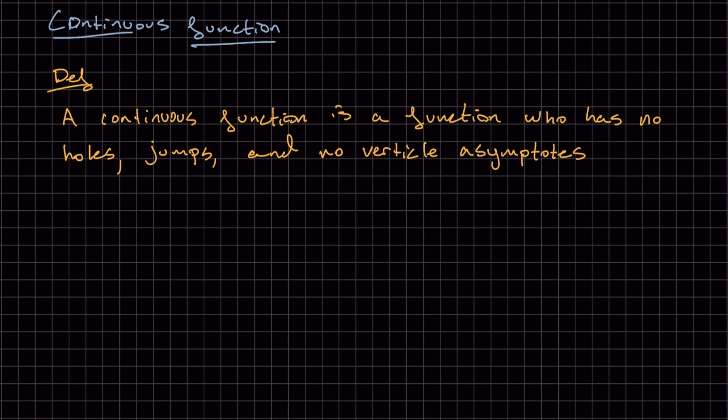A continuous function is a function who has no holes, jumps, or vertical asymptotes in its graph.